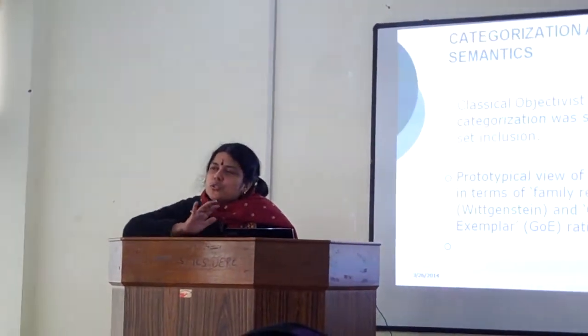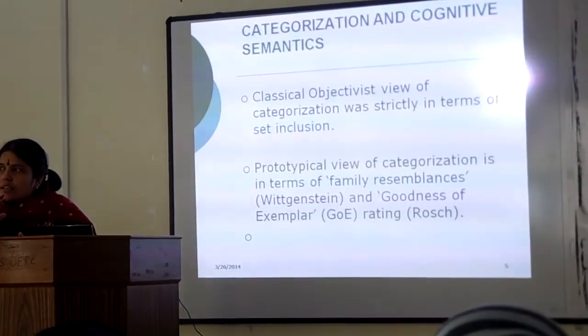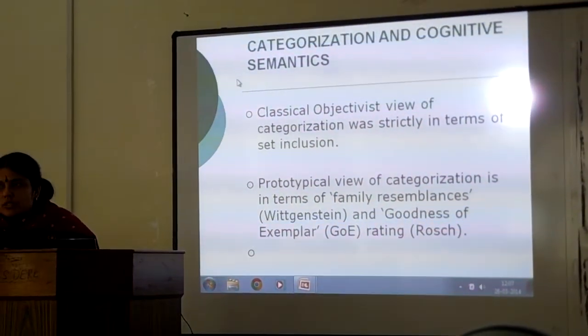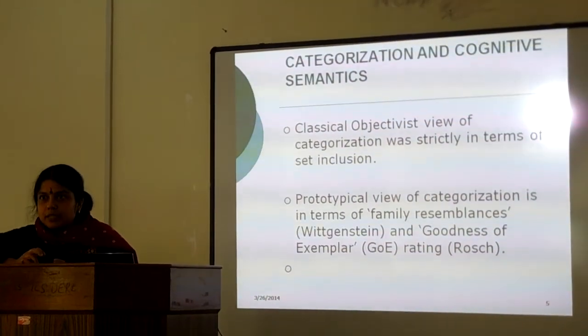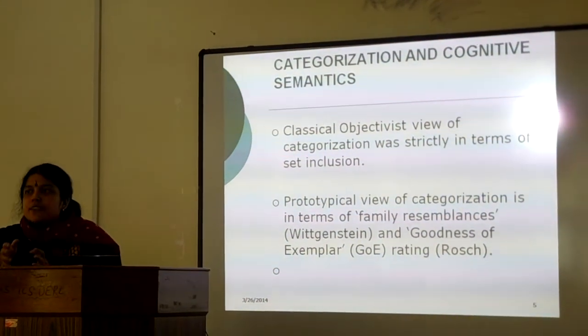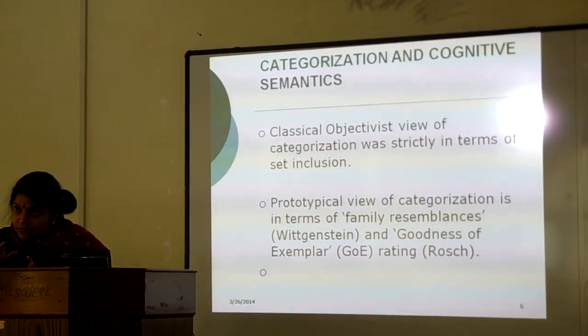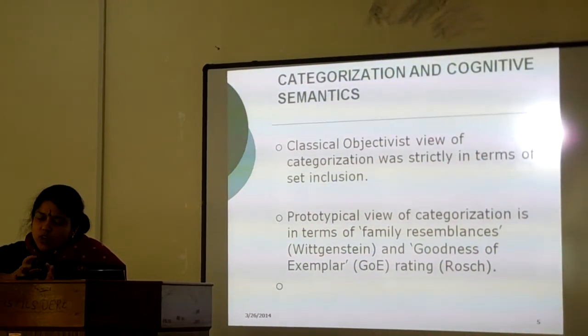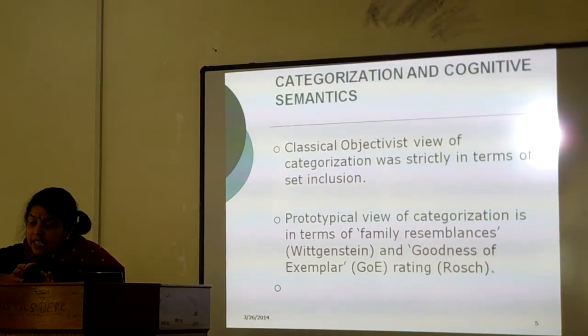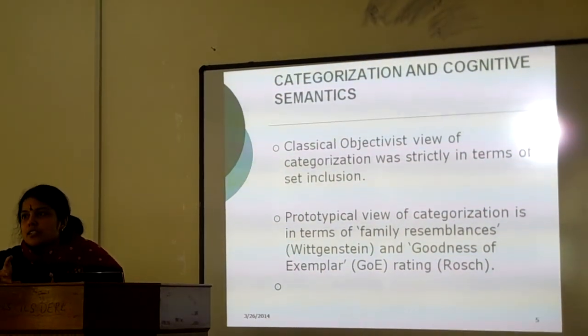In contrast to the very important branch in semantics which we call formal semantics, which is based on mathematical logic, cognitive semantics takes a different view and assumes that language, or in general meaning, is conceptualization.